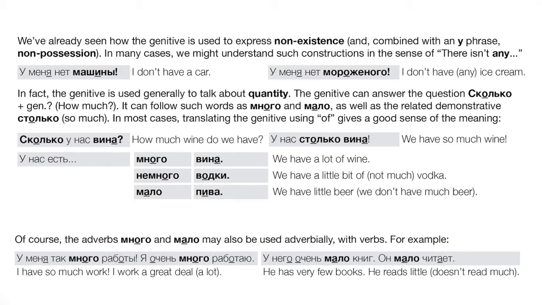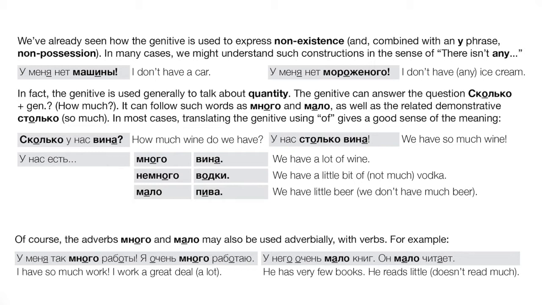Now remember that много and мало can also be used not so much with quantities, but as adverbs. Do you do something a lot, or do you do it little? У меня так много работы, I have so much work, so much of work, or a lot of work. Я очень много работаю, I work a lot, I work a great deal.